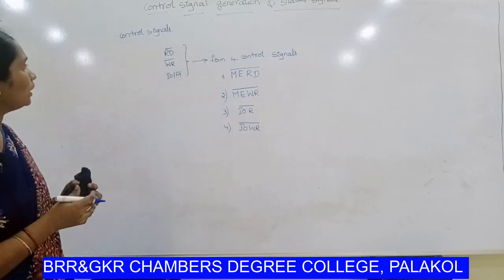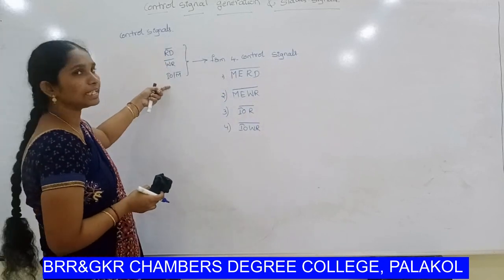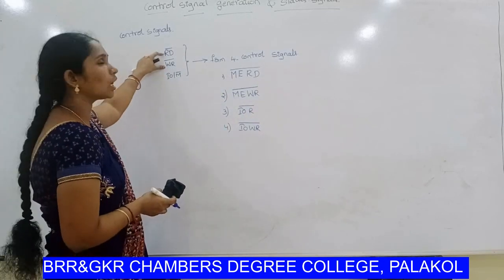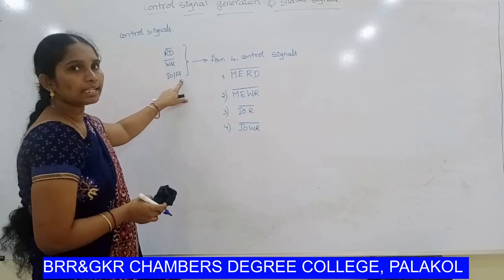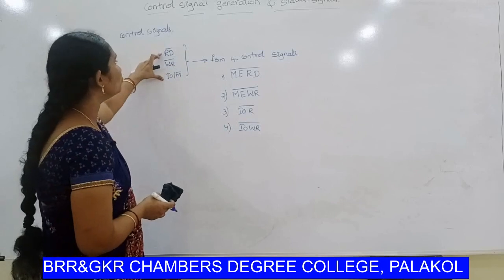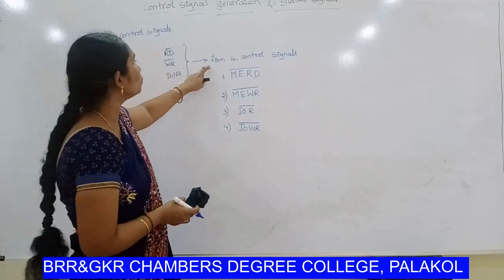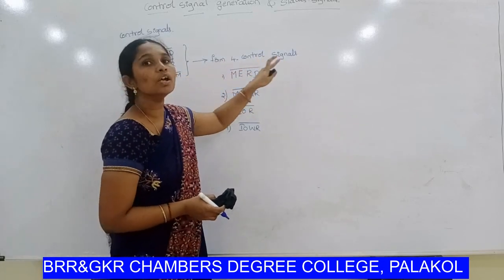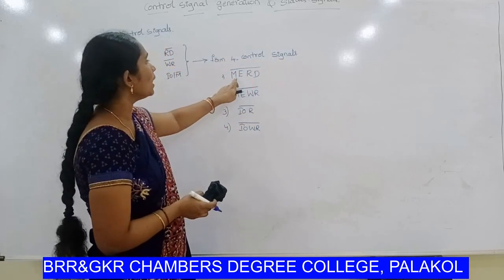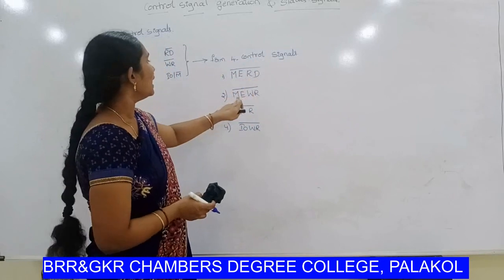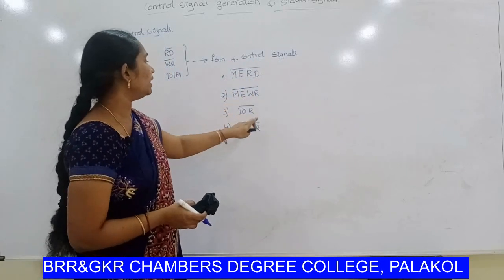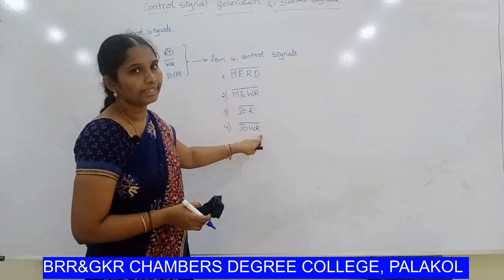So by combining these 3 signals, where read bar and write bar are control signals and IO by M bar is a status signal, we form 4 control signals: memory read, memory write, IO read and IO write.